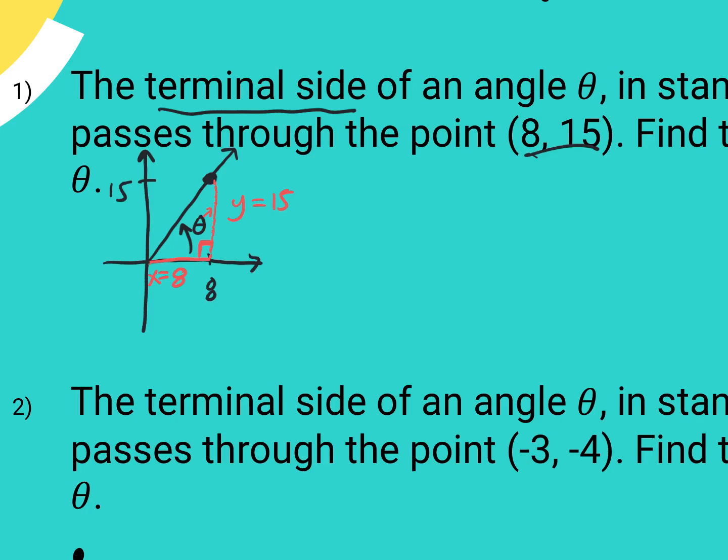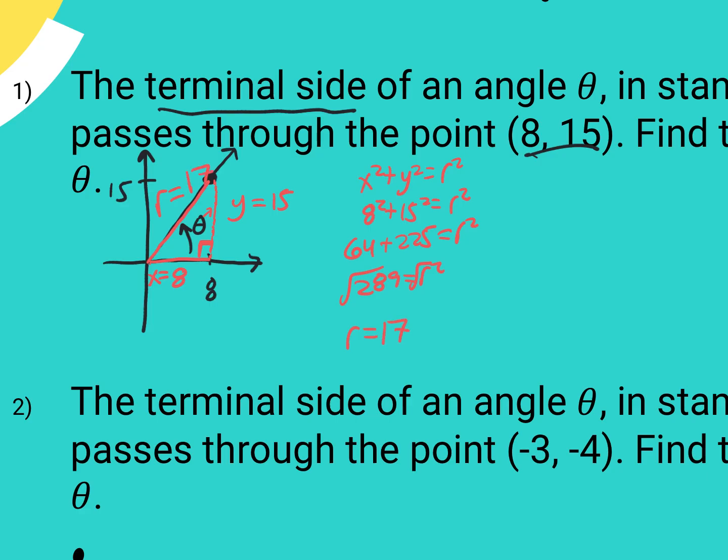The only thing that we don't have is this r value, our hypotenuse. To get it, we use the formula x squared plus y squared equals r squared. So 8 squared plus 15 squared equals r squared. This gets us 64 plus 225 equals r squared, so 289 equals r squared. Then you take the square root and you get r is 17.